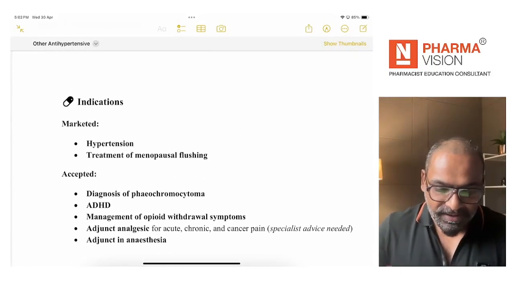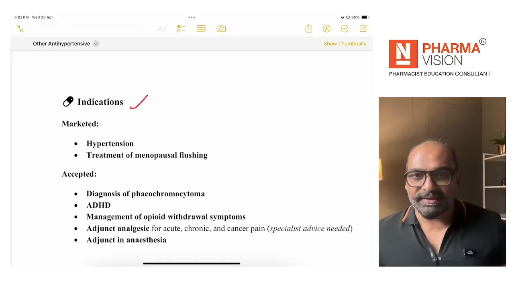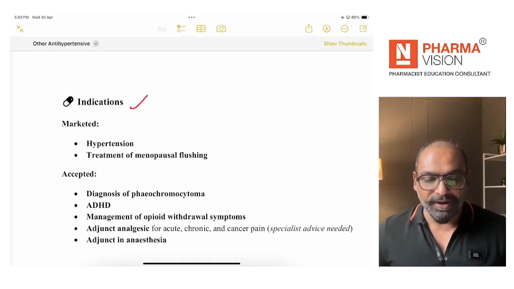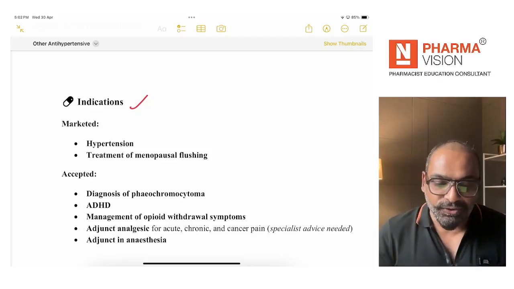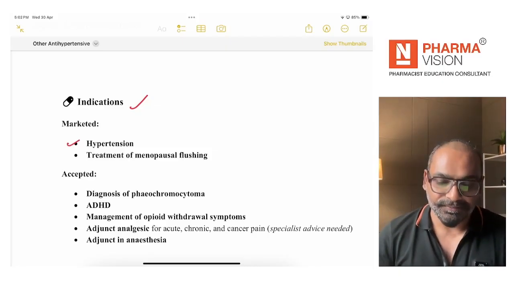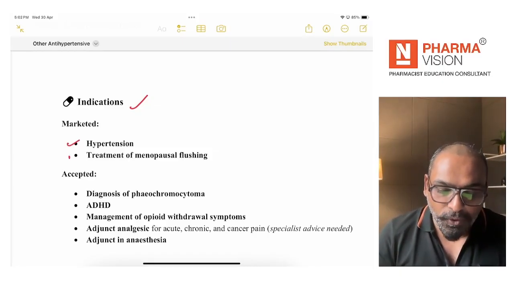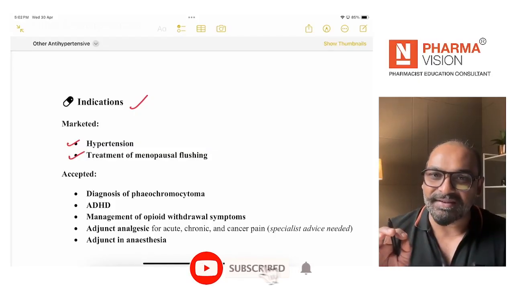Look, these are the indications of Clonidine. It is used for hypertension, obviously, and to treat menopause flushing.